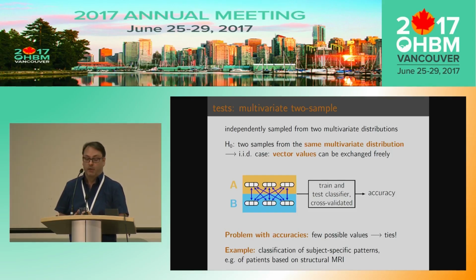One problem with accuracies is that, especially in a case like this one illustrated here, if we have a few data points, accuracies have few possible values. Basically, accuracies are counts. So if you have only 10 different values, you can only get 10 different accuracy values, which means you very often will get ties, which means you have this problem in the ranking of the permutation values that you have to somehow solve.